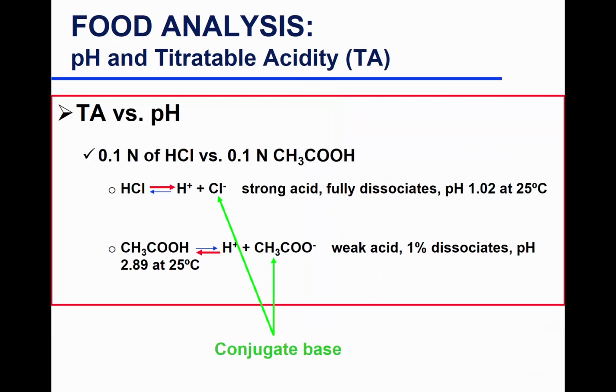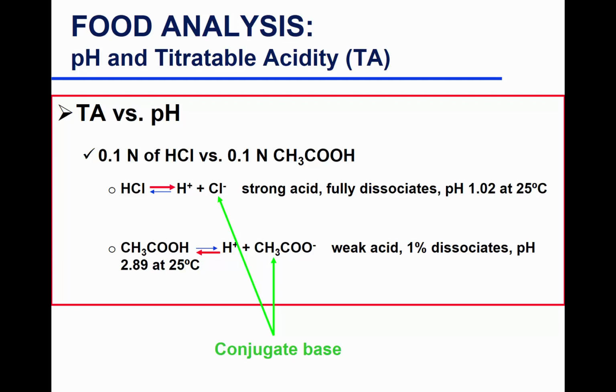Okay. So here's an example of when you have same concentration, different pH. Same concentration of an acid, yet different pH. If we look at HCl, it's a very strong acid. When we say strong acid or weak acid, it really is how readily it's going to give its protons.